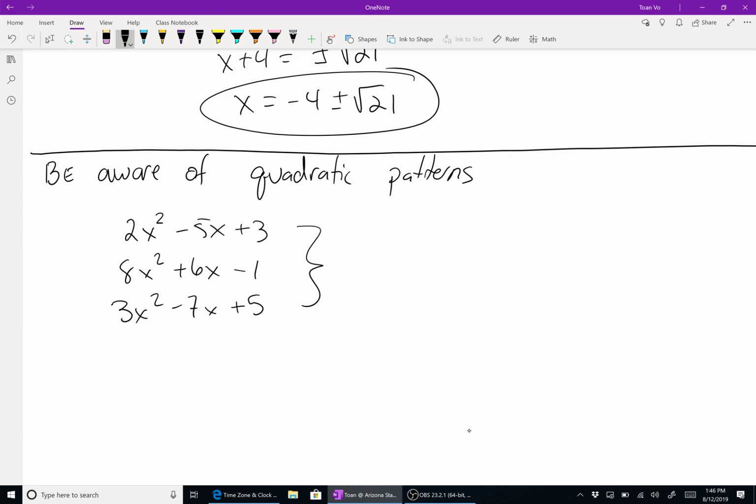First of all, notice all end in a constant. So quadratic trinomials will always end with a regular number. Because it's a trinomial, we always have 3 terms.